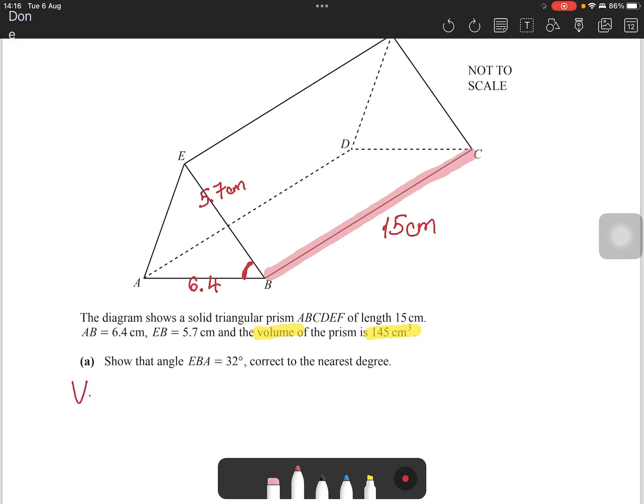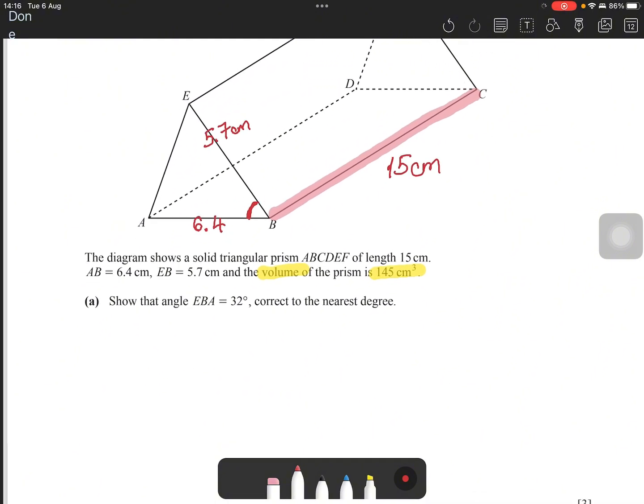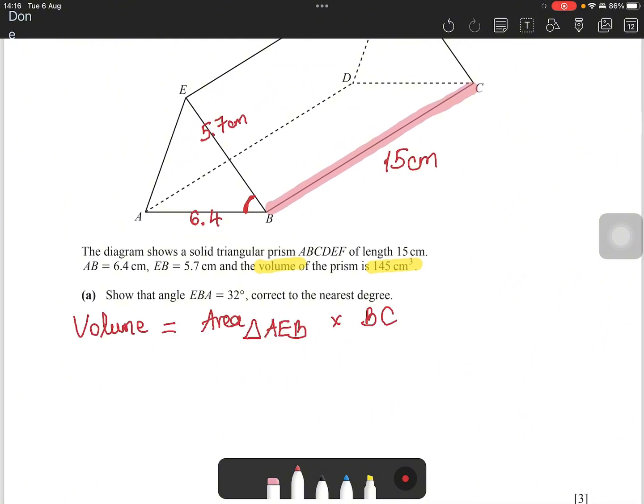You know that the volume of the prism is equal to the area of the cross-section, which means the area of the triangle AEB, multiplied by the length. The length in this case is BC. In the question the volume is 145 cubic centimeters, and we don't know the area of the triangle AEB.